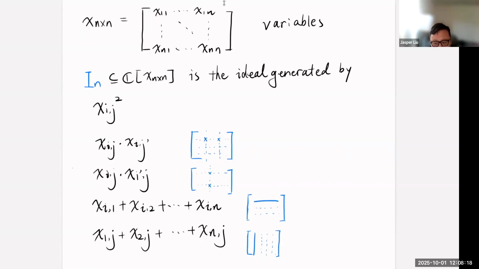That means we can have a two-sided action, with S_n acting on one side and S_n acting on the other side. So we will expect some graded S_n cross S_n representation structure on this quotient ring.